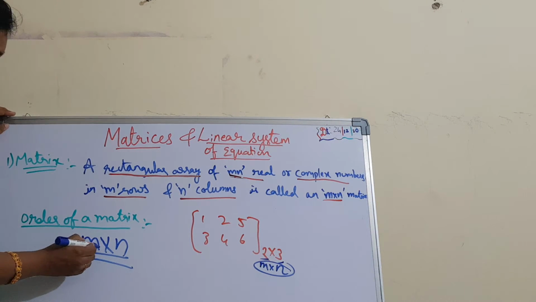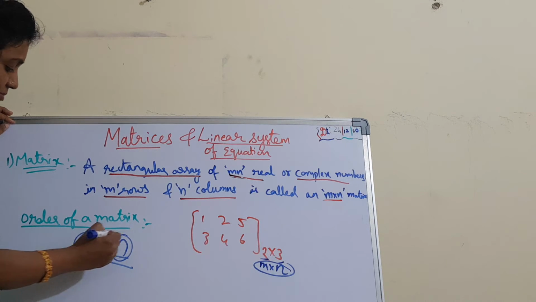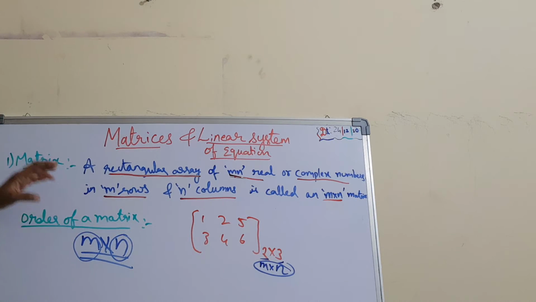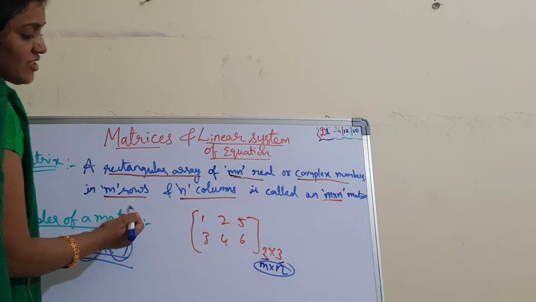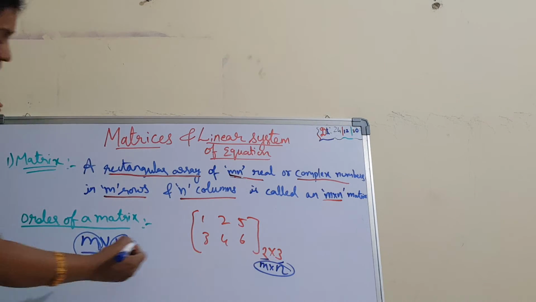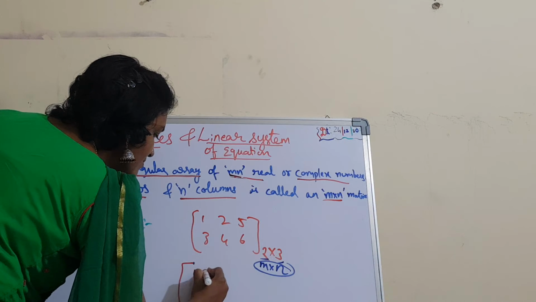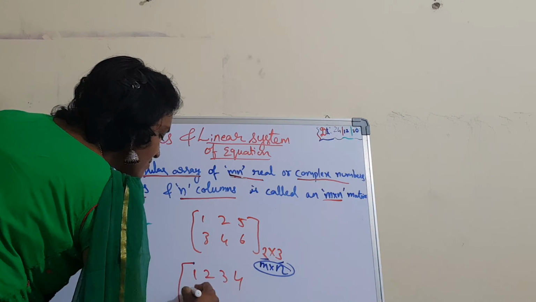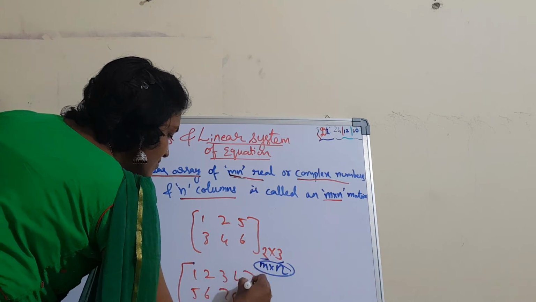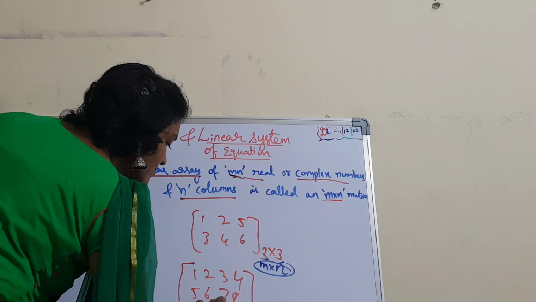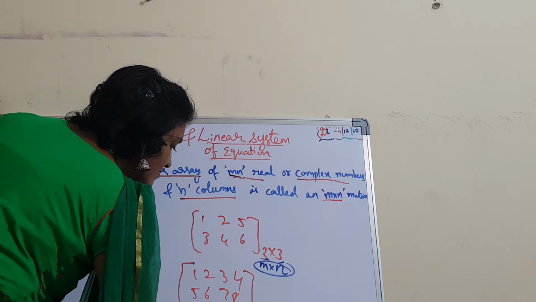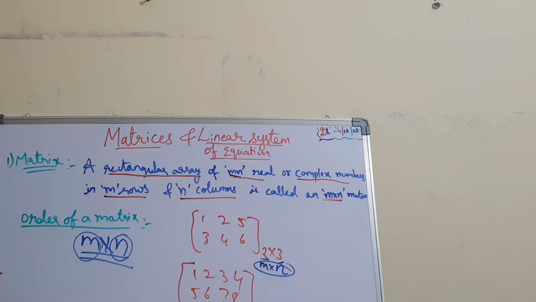m rows and n columns is called the order of a matrix. What is the order of the matrix of this? 2 by 3. What is the order of this matrix?